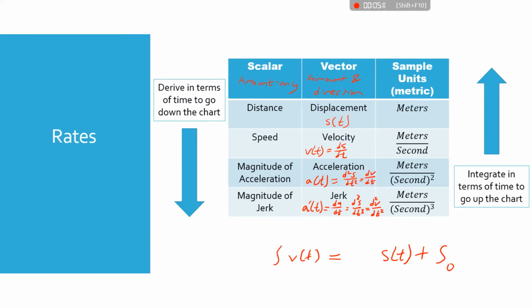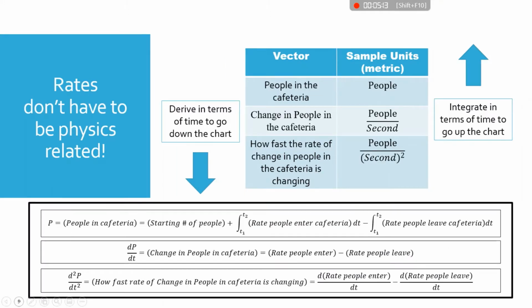Okay. So these rates don't have to be physics related. It could be anything. So for instance, here I've got the number of people in a cafeteria, which I would measure in people. My rate of change would be the change in people in the cafeteria. And then how fast that rate is changing would be my people per second squared. So if I wanted to write that out, I could say P is my people right now that are in the cafeteria. My dP over dt is how fast the people in the cafeteria are changing.